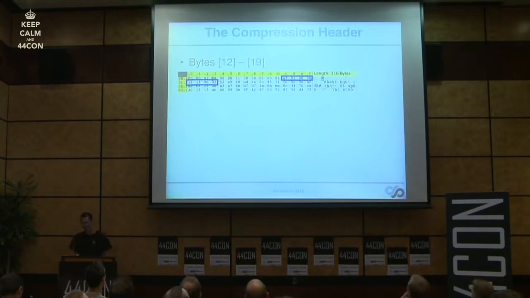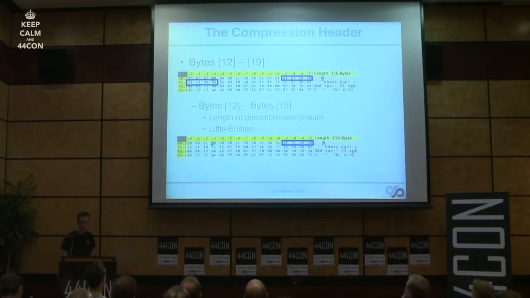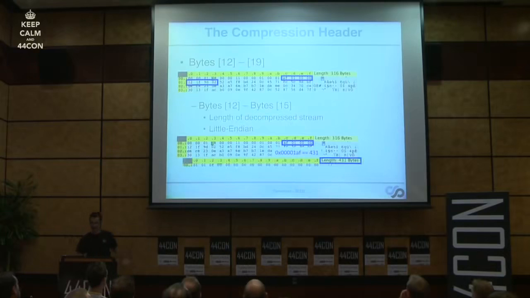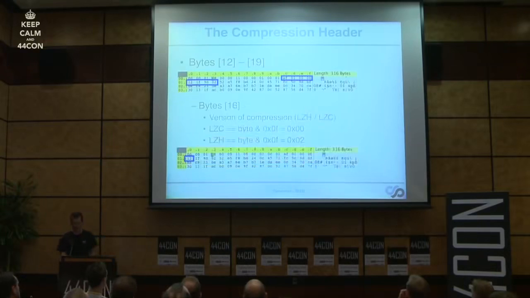The compression header gets a little more interesting because it's 8 bytes following the SAP header. The first 4 are quite interesting. It's the length of the decompressed stream, and it's little endian. So in this case, AF01 is actually 0x1AF, meaning a decompressed stream length of 431 bytes, and if I skip ahead and decompress that packet, it does work: it's 431 bytes.